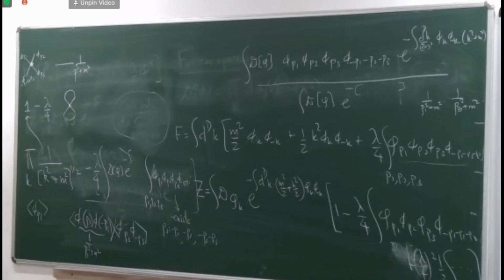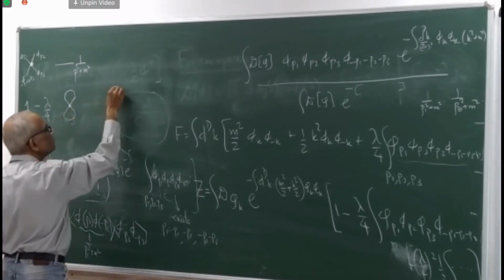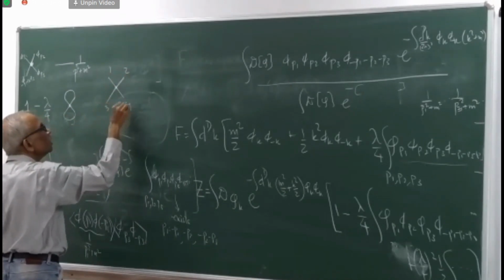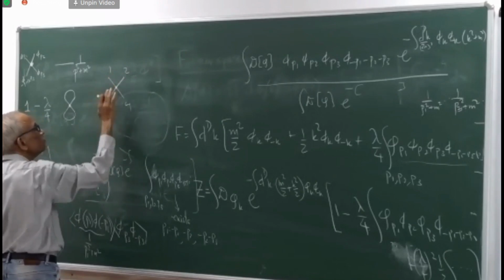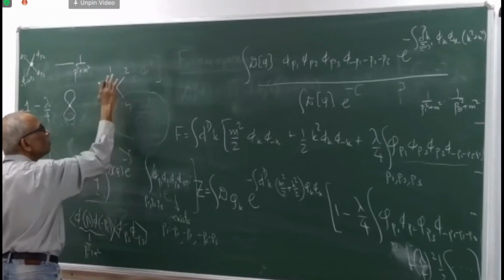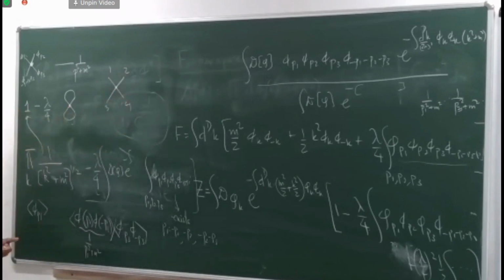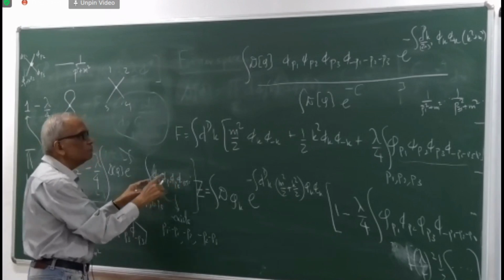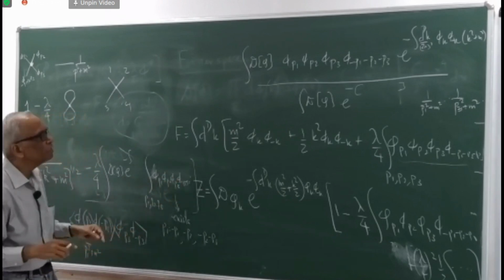But I could have connected in 3 ways, right? I have these 4 lines, 1, 2, 3, 4. I could connect 1 and 2, 3 and 4. I could connect 1 and 3, 2 and 4, or I could do 1 and 4 and 2 and 3. So that is the combinatorial factor 3, which comes from this pairing being done in 3 different ways.